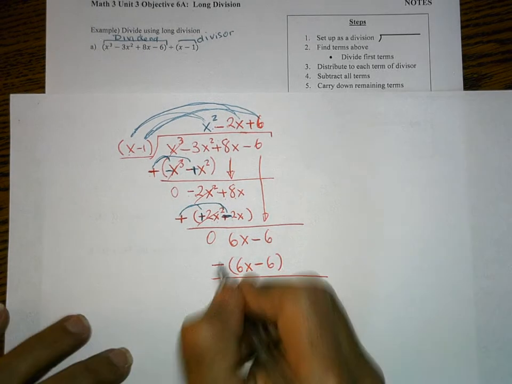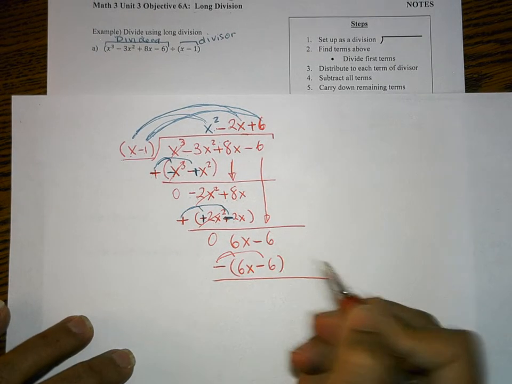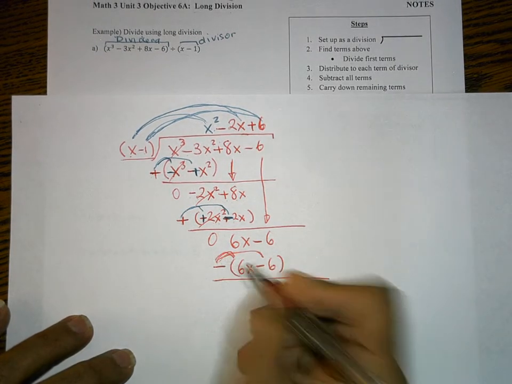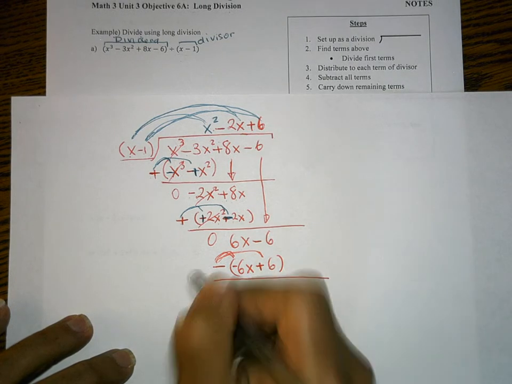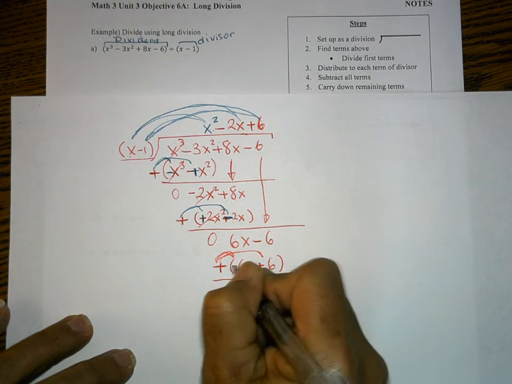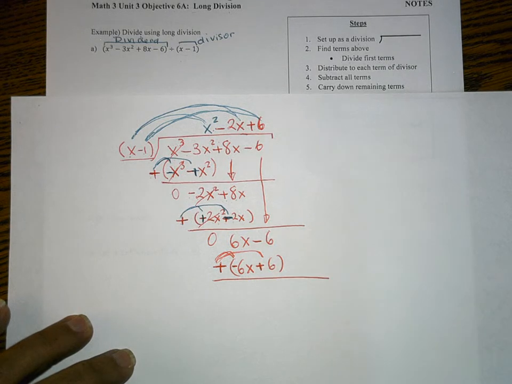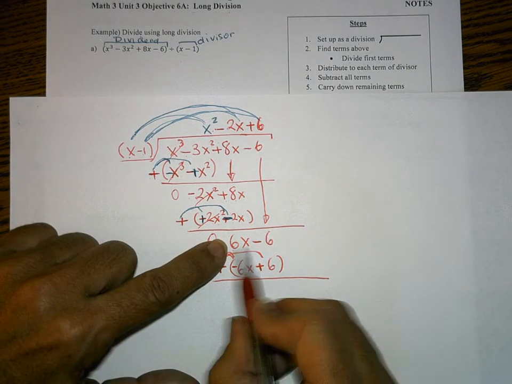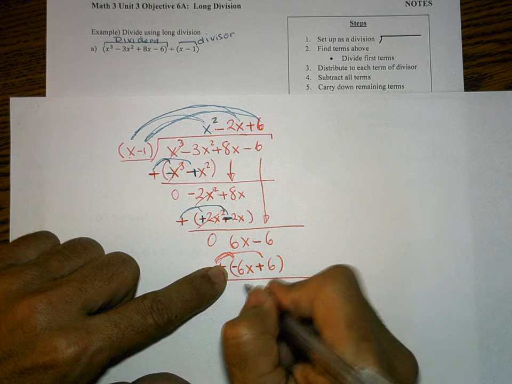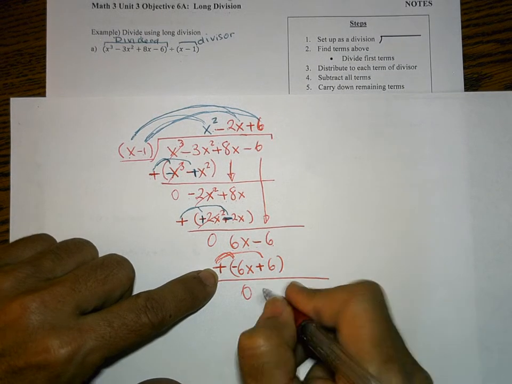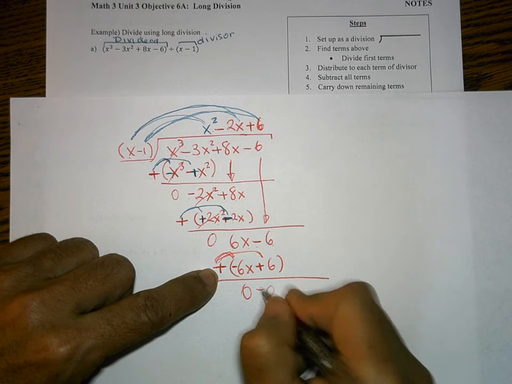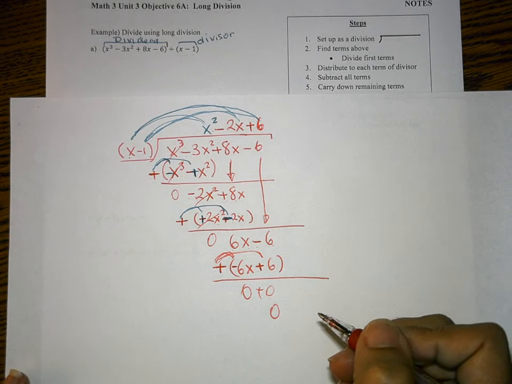So when we distribute our negatives to both, this is going to become negative and this is going to become positive. And I can say that I'm adding this negative 6 and this positive 6. So a positive 6 plus a negative 6 is 0, and a negative 6 with a positive 6 is also 0. So plus 0, we get a 0, okay?